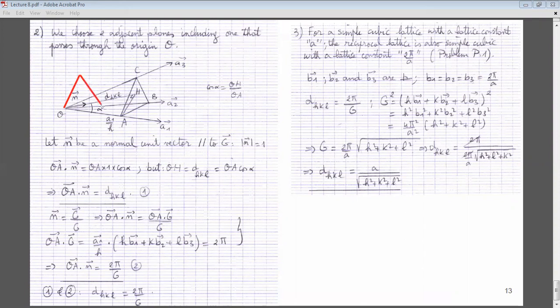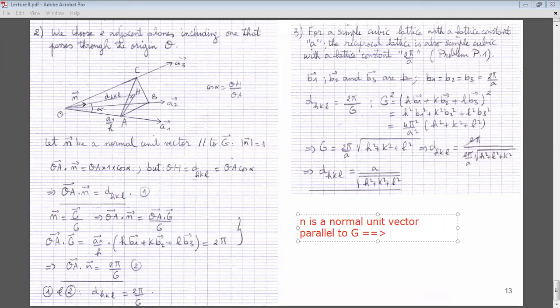Just imagine that there is another plane over here parallel to it, but we will take it passing through O. So we choose two adjacent planes, including one that passes through the origin O. Let n be a normal unit vector parallel to G. What does it mean? n is a normal unit vector parallel to G.